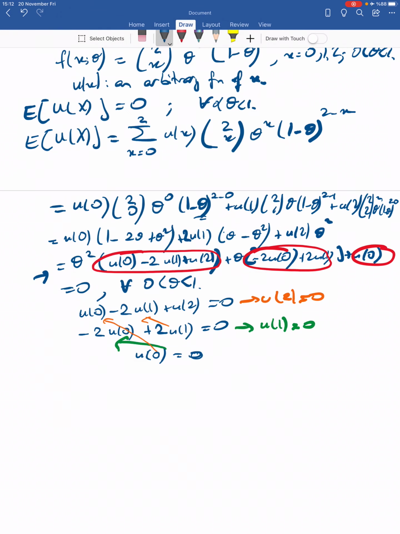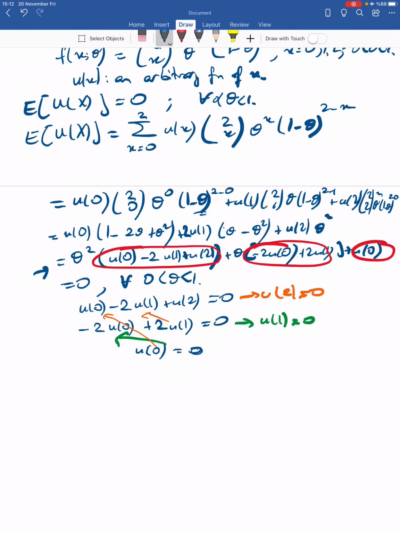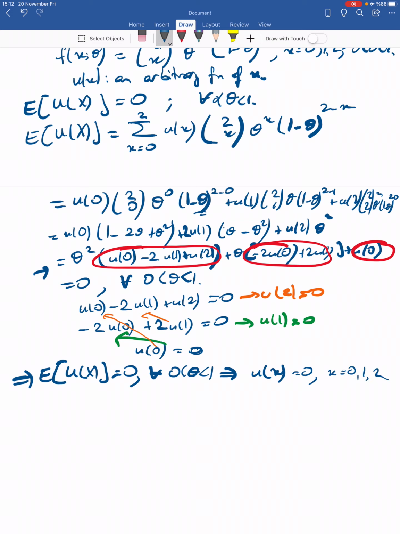X only can take values 0, 1, and 2. So this means that the expectation of u(X) being 0 for all possible values of theta in this range requires u(x) to be 0 for all possible values of x. So the family of binomial PMFs with sample size 2 and theta in this range is complete.